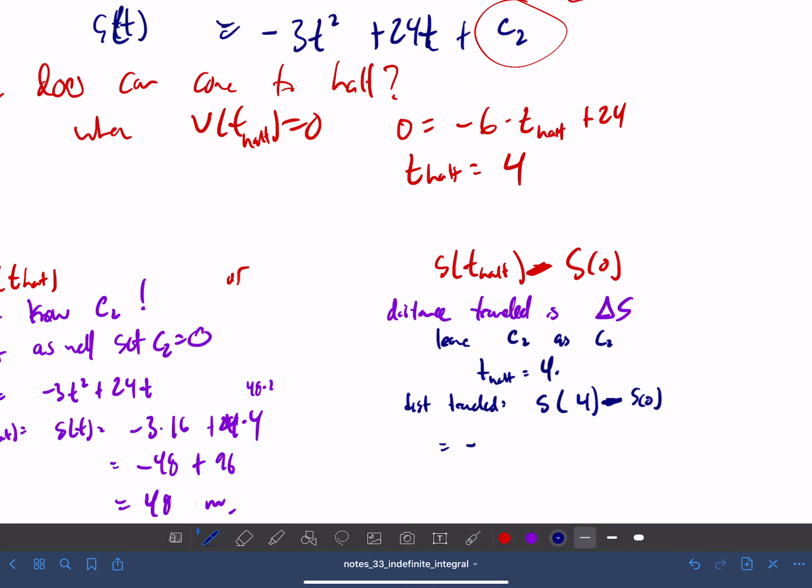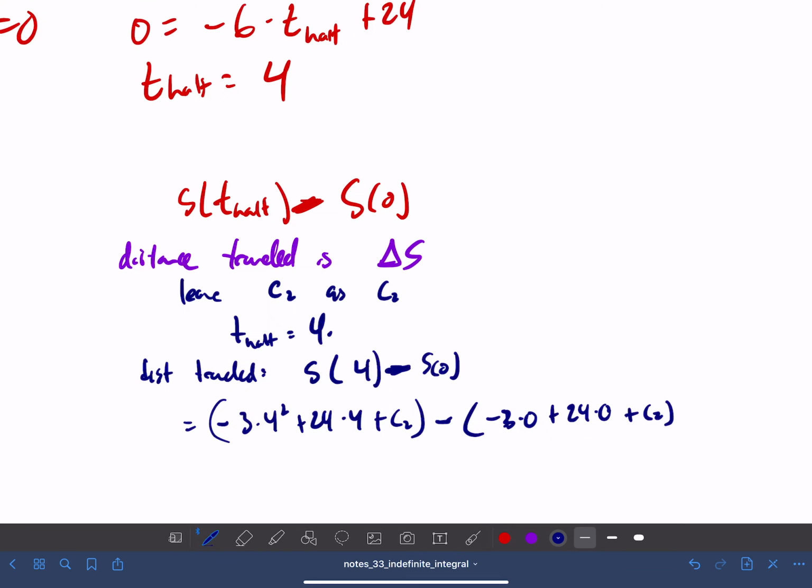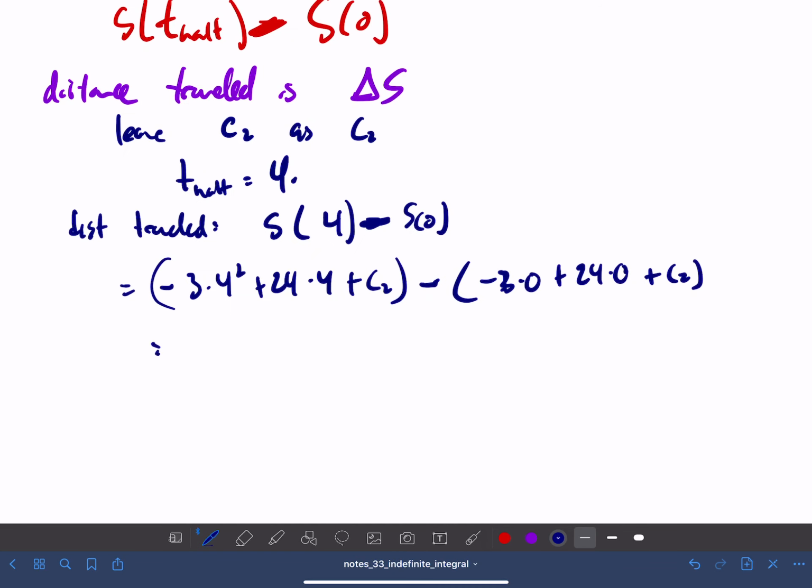That's minus 3 times 4 squared plus 24 times 4 plus c2, minus 3 times 0 plus 24 times 0 plus c2, equals, sorry, there's not a minus there, equals 48 plus c2 minus c2. And now what we can see is that the value of c2 didn't matter.